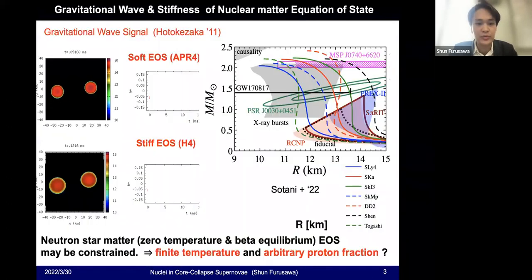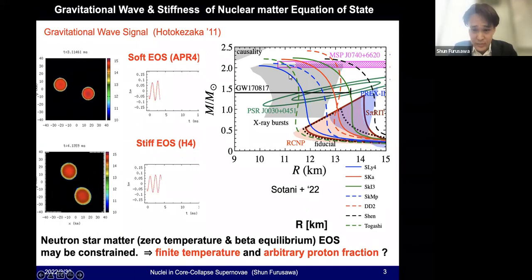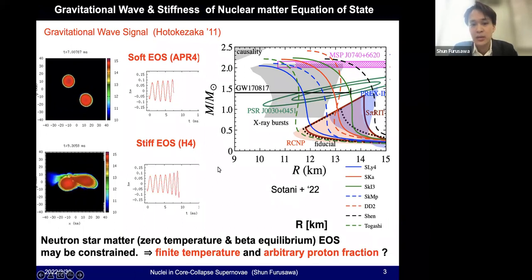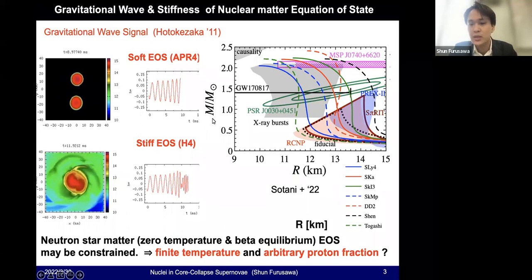As you know, the gravitational waves from neutron star mergers can constrain neutron star equations of state. This slide is from Sotani-san's recent work. From gravitational waves from neutron star mergers, we can constrain the neutron star equation of state.